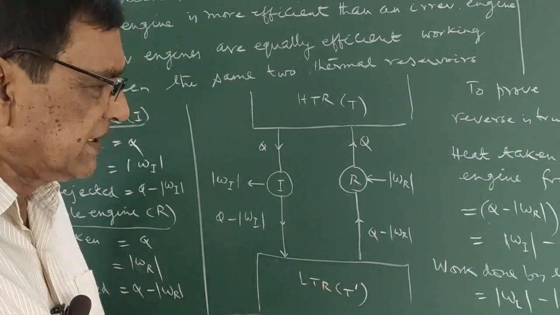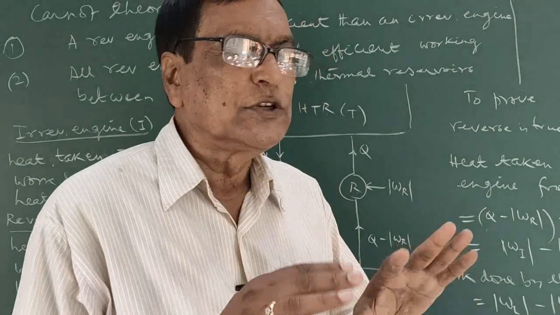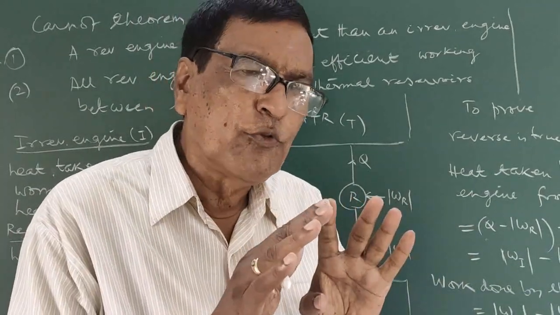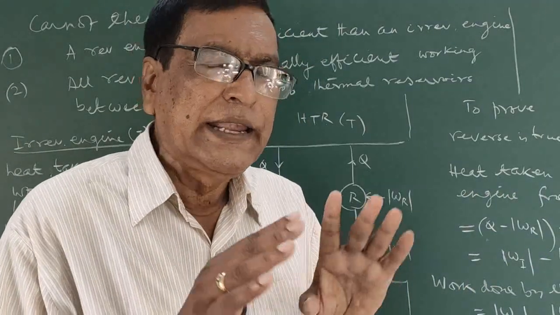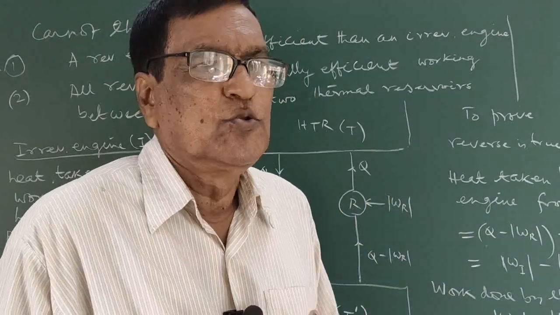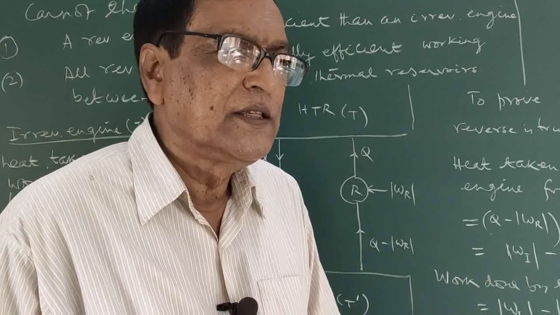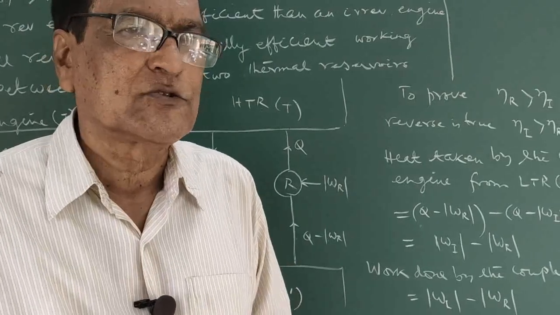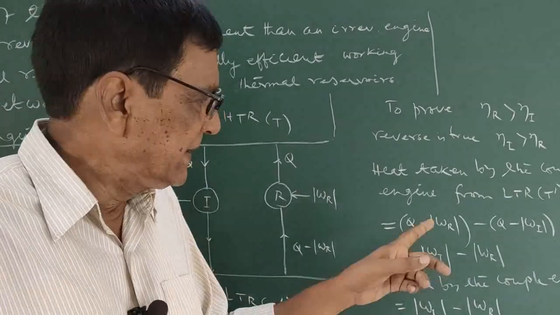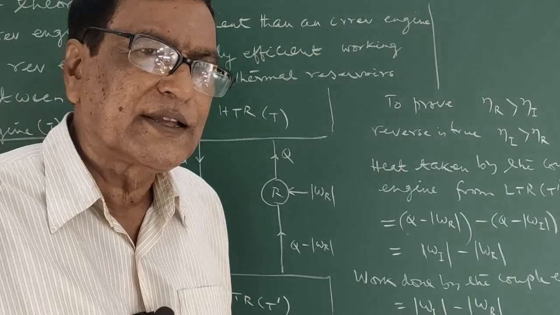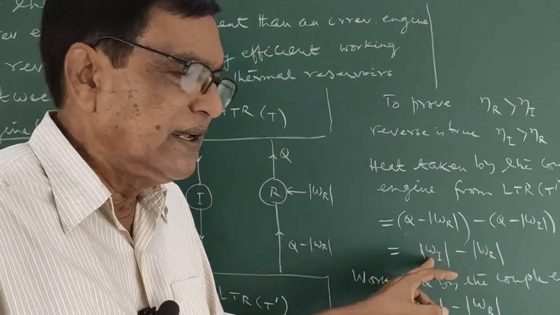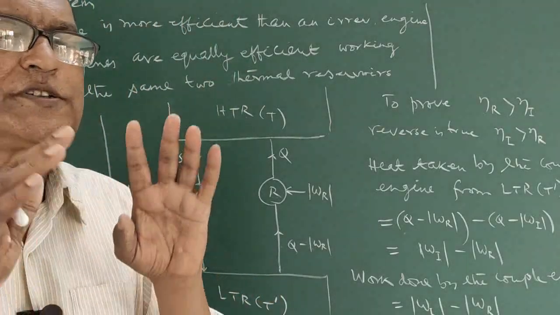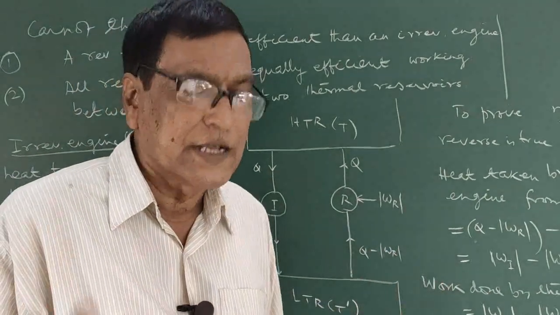So it is not possible, according to the PK statement, that anyone can construct an engine which takes heat from one heat source and does this mechanical work. So both ways, heat cannot be completely converted into work, and heat cannot be completely converted into work by taking heat from a single source, single reservoir.